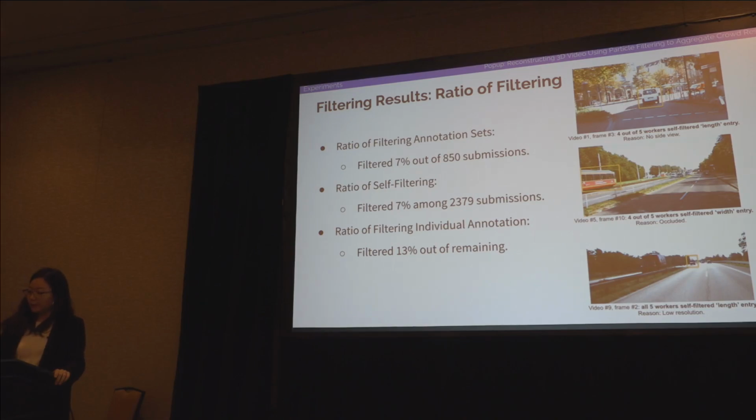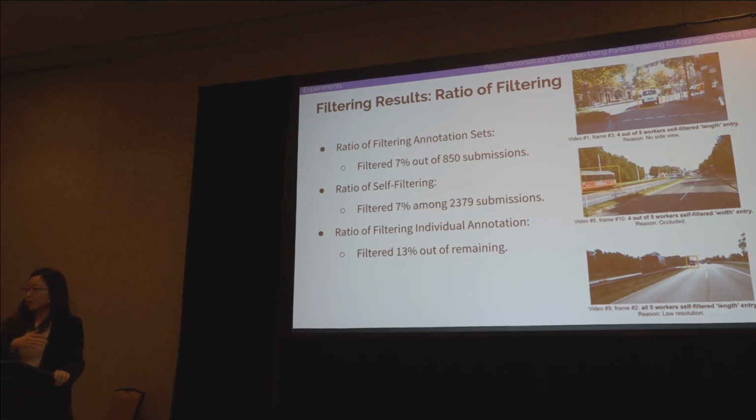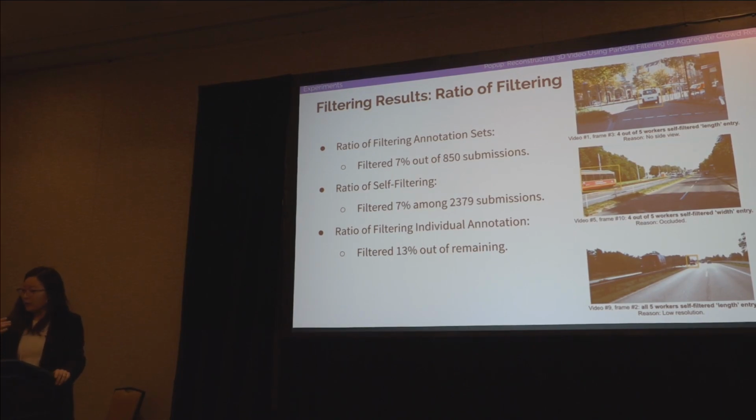And for the second image, there is a truck where you can't see either the front or back of the truck. 4 out of 5 workers self-filtered the width entry because it wasn't visible. And for the last image, all 5 workers self-filtered the length entry because the image was too small and the length dimension was not at the right angle.